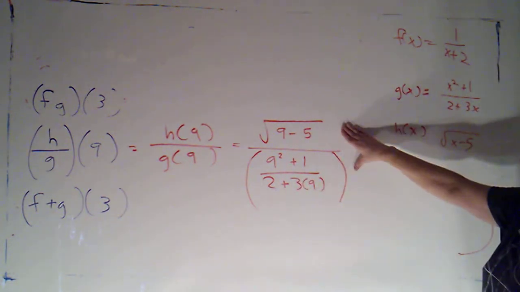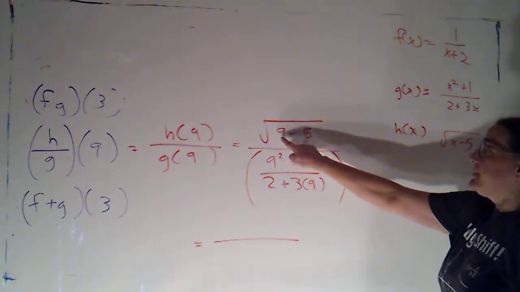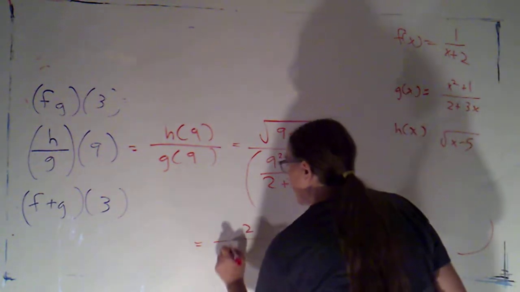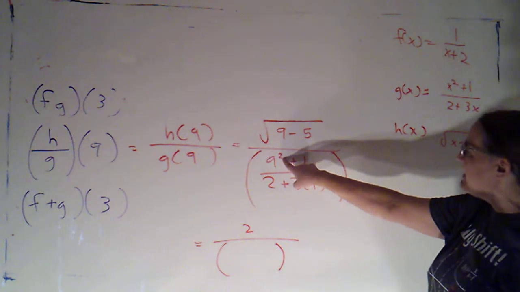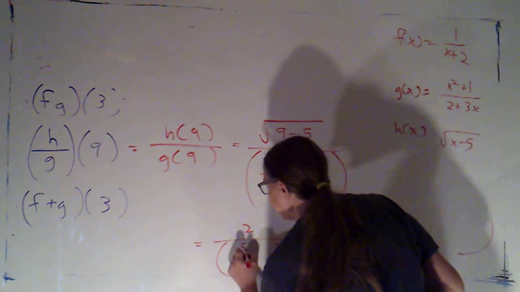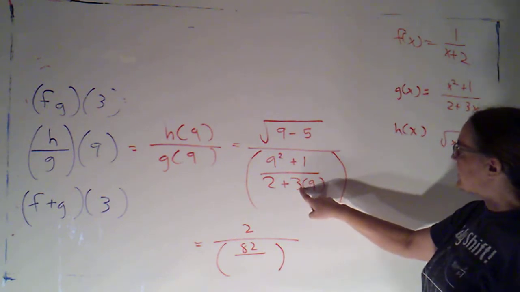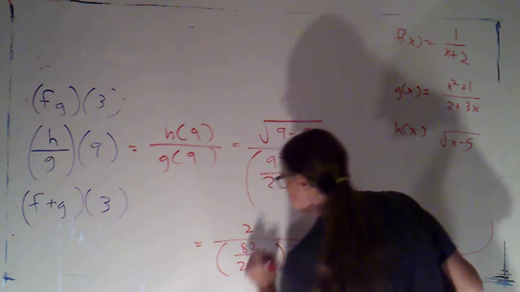So let's simplify each part. This is going to be the square root of 9 minus 5 is 4. Square root of 4 is just 2. I'm dividing by this fraction. 9 squared is 81, plus 1 would be 82, over 3 times 9 is 27, plus 2 is 29.